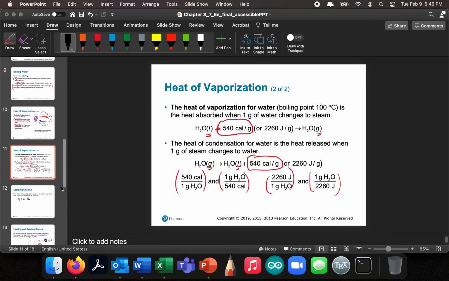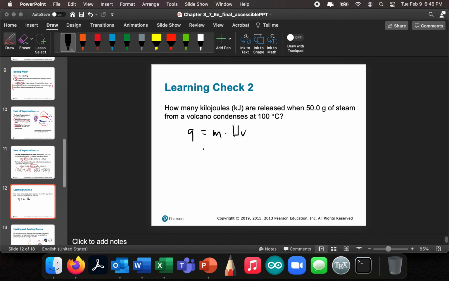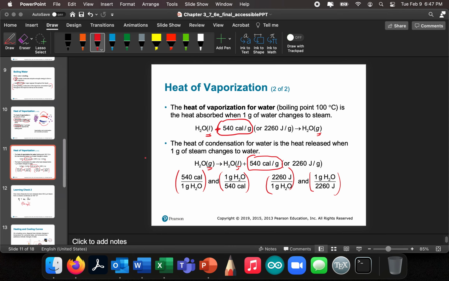The amount of heat is going to come by the mass times the heat of vaporization, because of the way it's defined, right? So we have, in this case, 50.0 grams of steam from a volcano condenses at 100 degrees Celsius, right? And the heat of vaporization, or the heat of condensation, is 540 calories per gram.